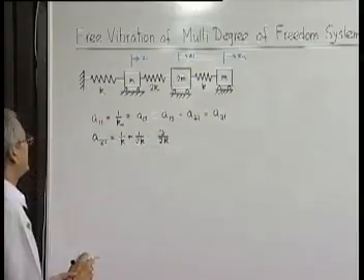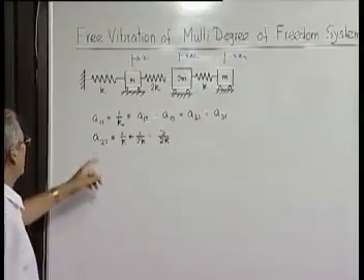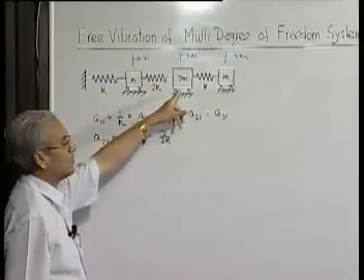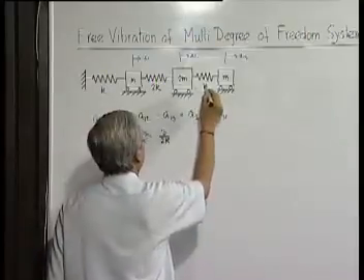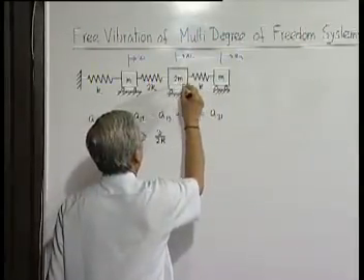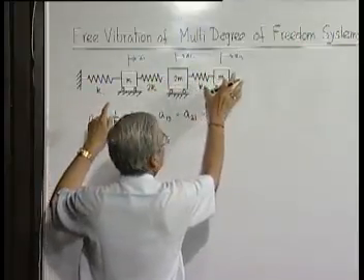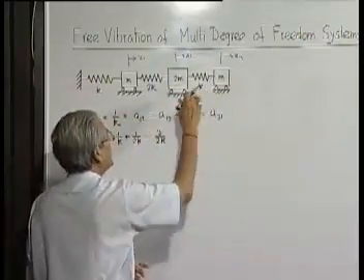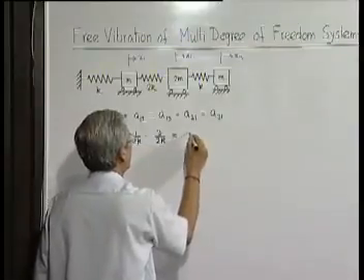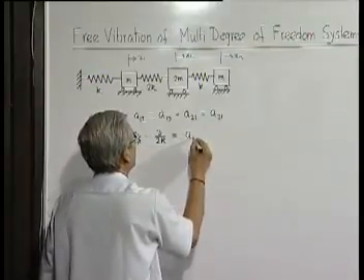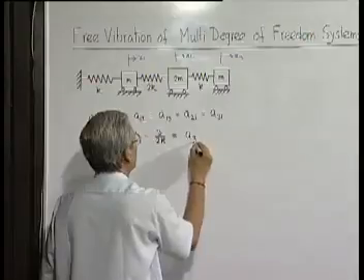That is the influence coefficient A22. And obviously, if you apply a unit load here, the displacement of this will be the same as the displacement of this, because this moves just like a rigid body. This spring is not stretched. So this is obviously A32.